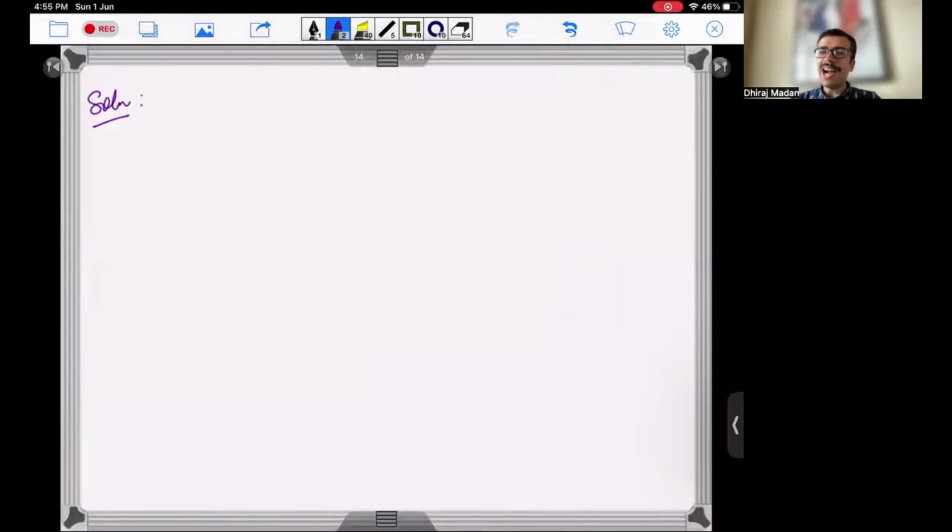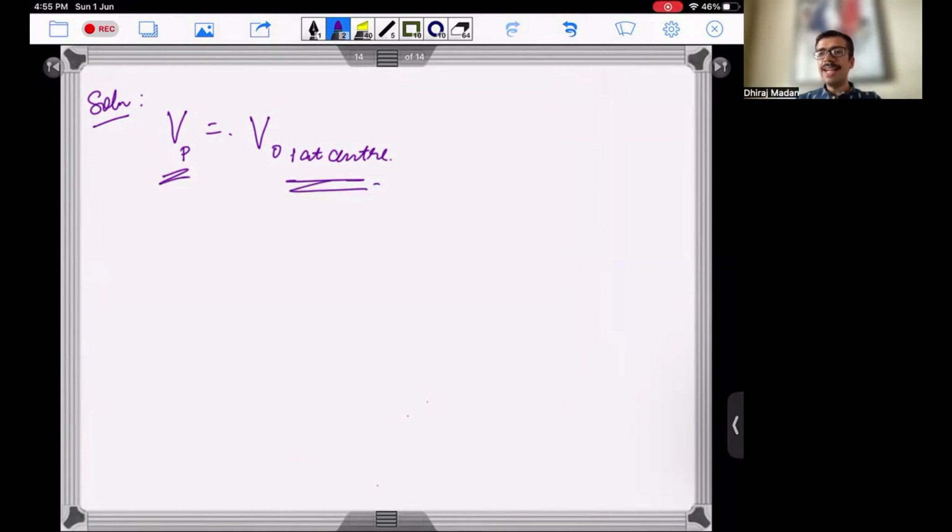So essentially the idea is that the potential at point P is going to be the same as the potential at the center O. Why is it so?